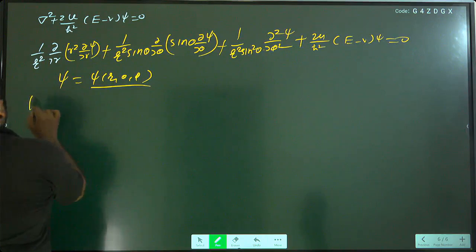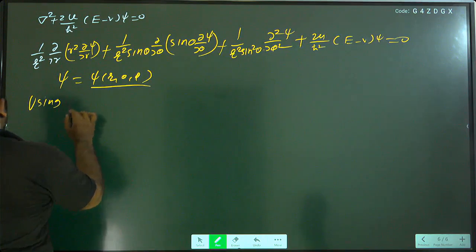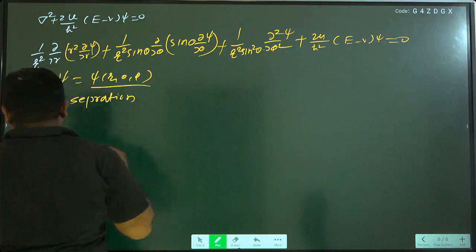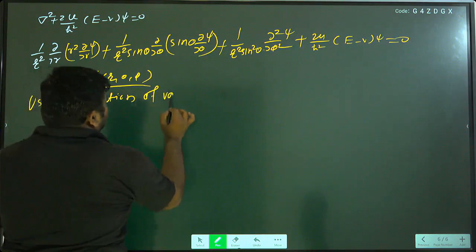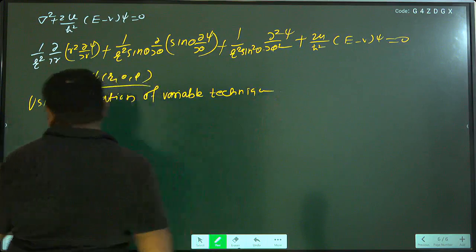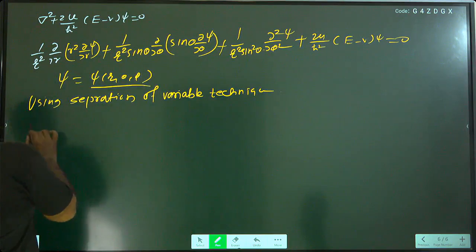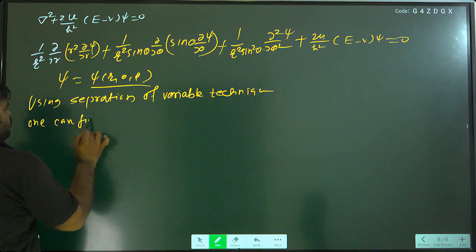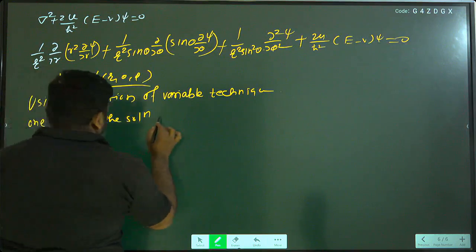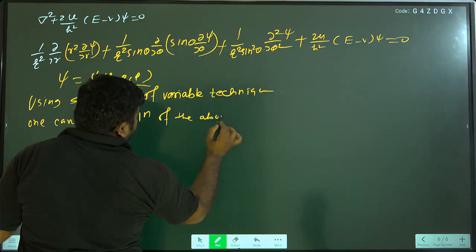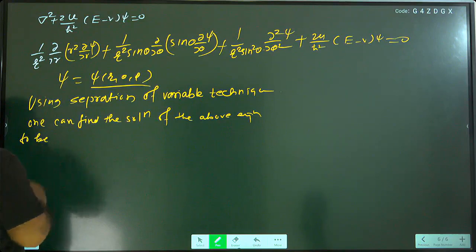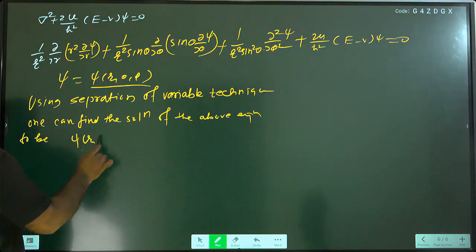Using the separation of variable technique, one can find the solution of the above equation to be, okay, psi of r, theta, phi.